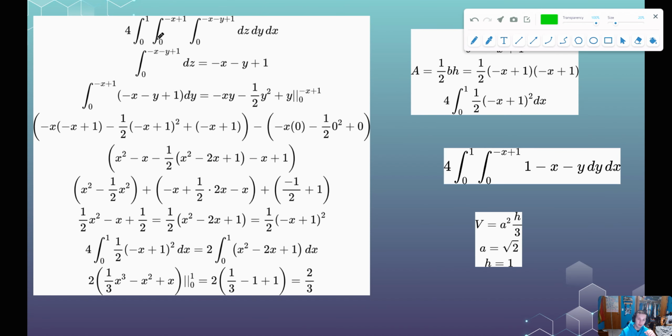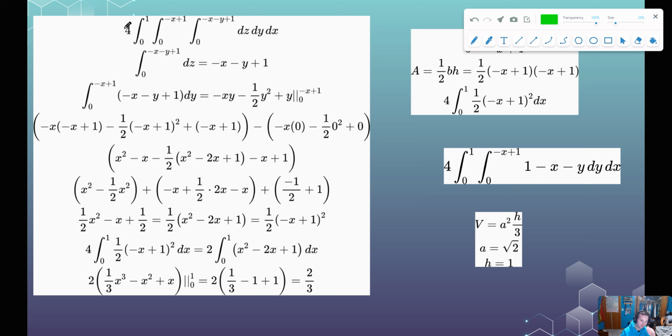So we now have our other bounds, 0 to negative x plus 1. And then our x goes from 0 to 1 in the quadrant that we're in. Okay. So we found our limits. And we're going to multiply by 4, like I said, because this is one of 4 quadrants.